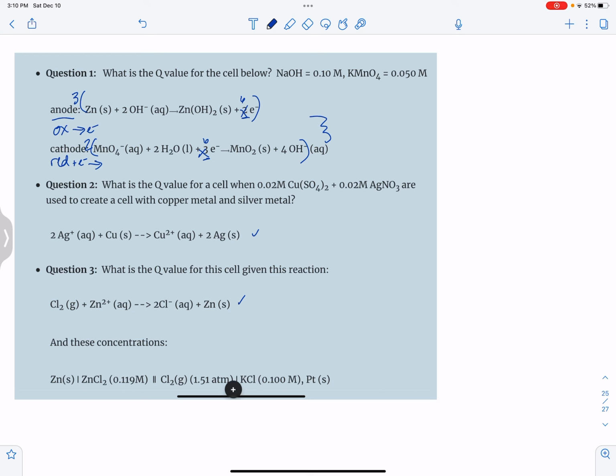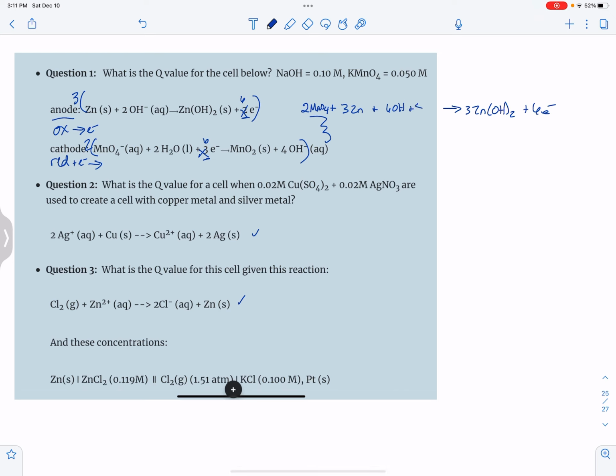So that gives me, I'm going to do the top section first. 3 zinc plus 6 OH, I'm going to leave some space for the next part of the reaction, goes to 3 Zn(OH)2 plus 6 electrons. Then if I go to the next one, that gives me 2 MnO4 plus 4 waters.